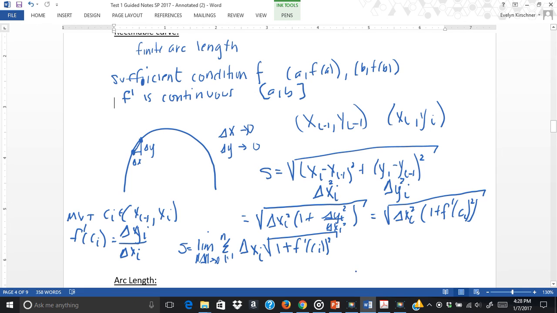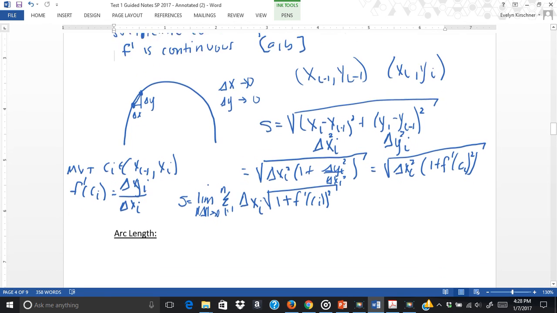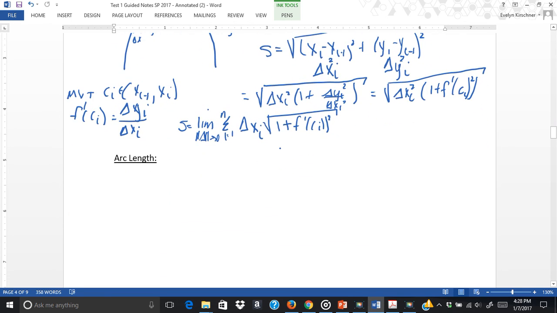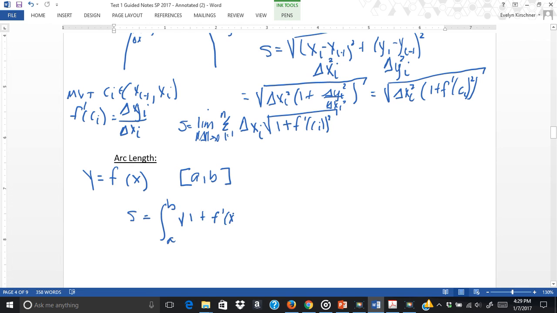When I simplify, we get to the definition of arc length: if I have a function y equals f of x, and it's a smooth curve on the interval from a to b, the arc length of f from a to b is s, which is the integral from a to b of the square root of 1 plus f prime of x squared dx, because remember, delta x is dx, and this is what we have here.